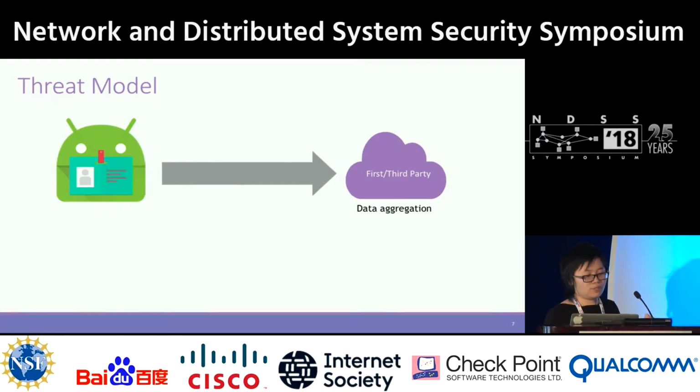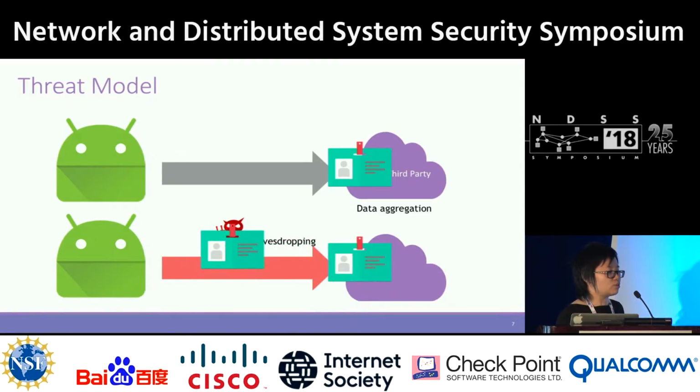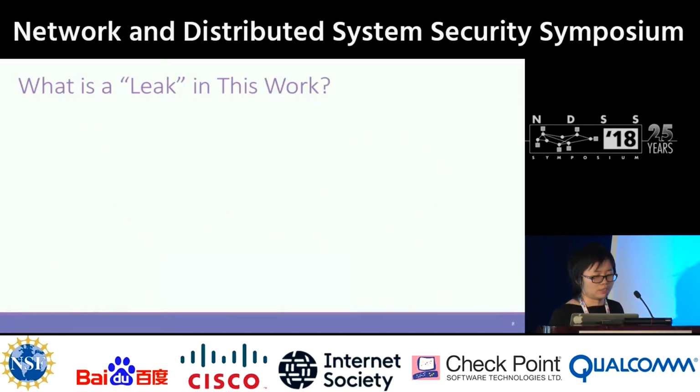We defined 2 threat models in our case. The first scenario is for the purpose of data aggregation. The information is shared to first and third parties. And then during this transmission, if they were sent in plain text, it's susceptible to eavesdropping attack. In both scenarios, we consider the information sharing as privacy leak.